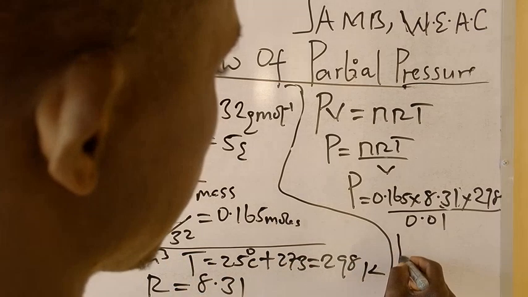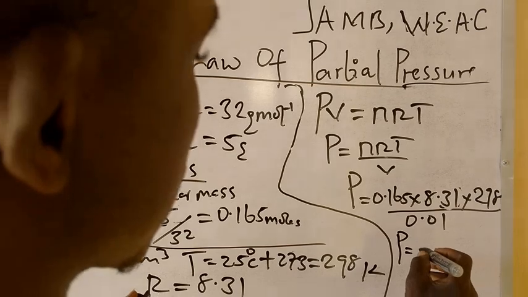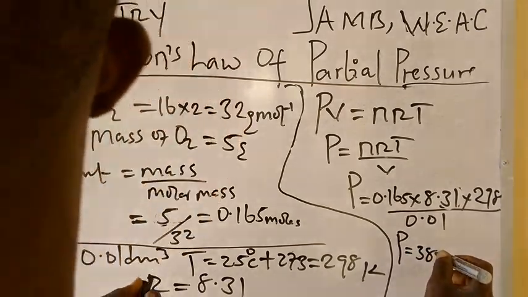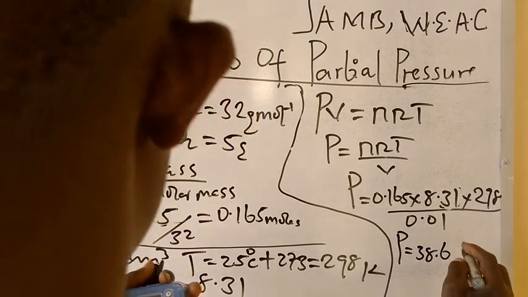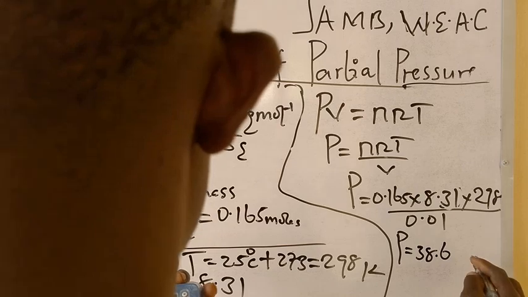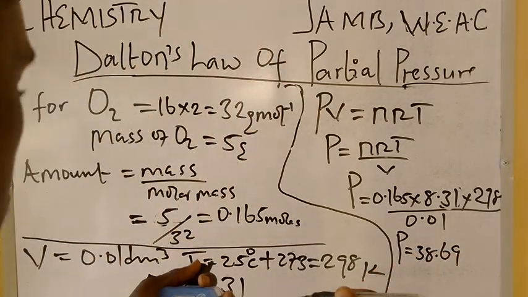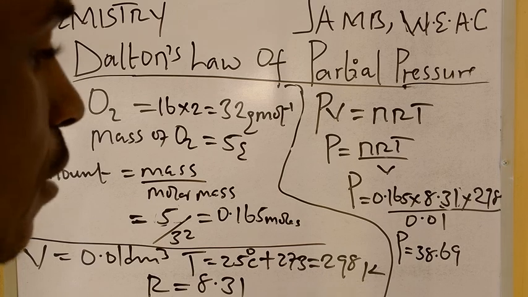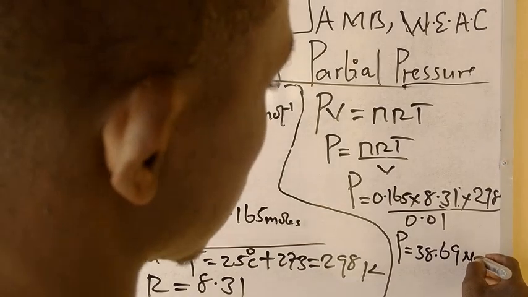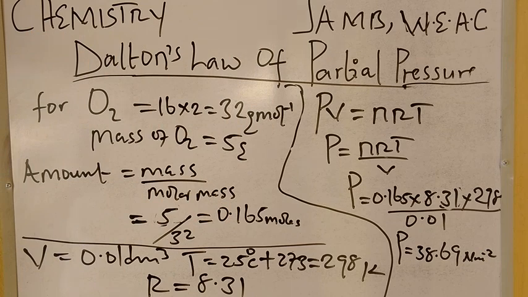So P here gave us 38.69 Newton per meter square.